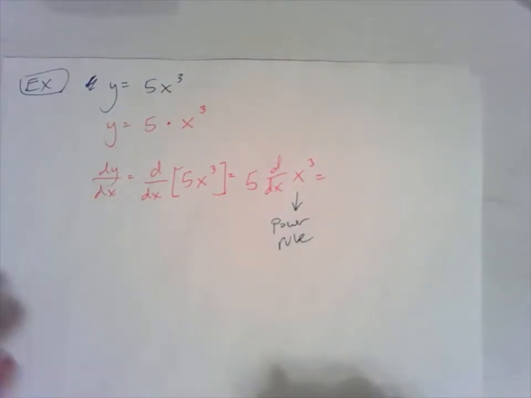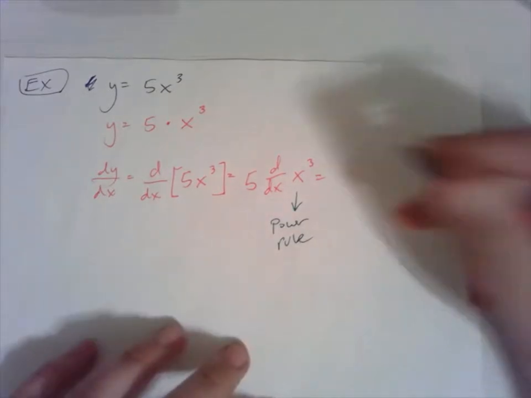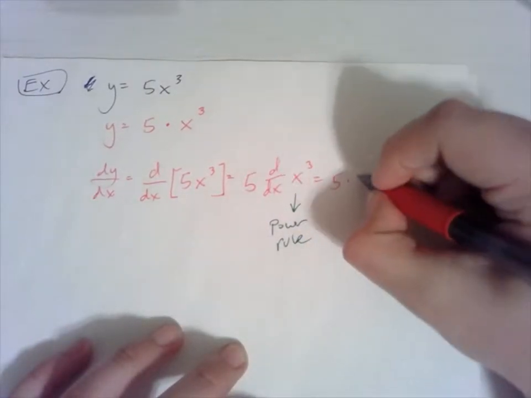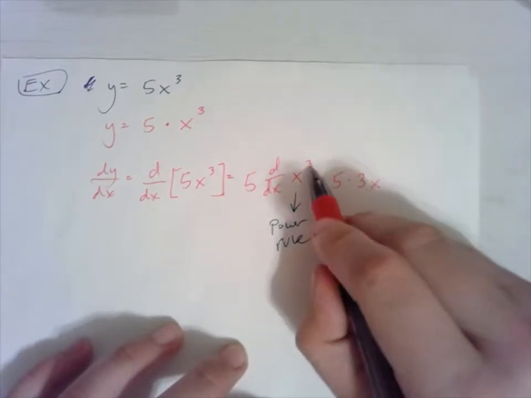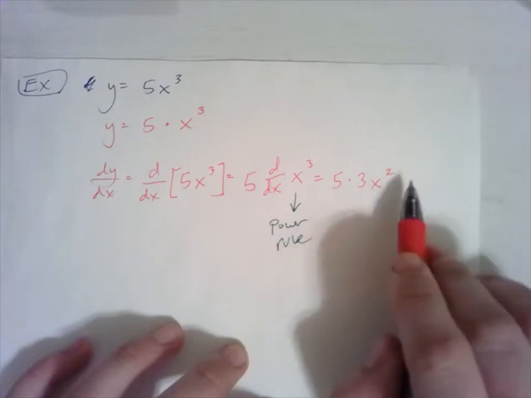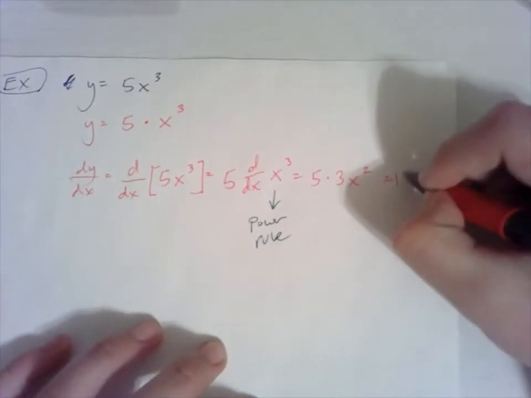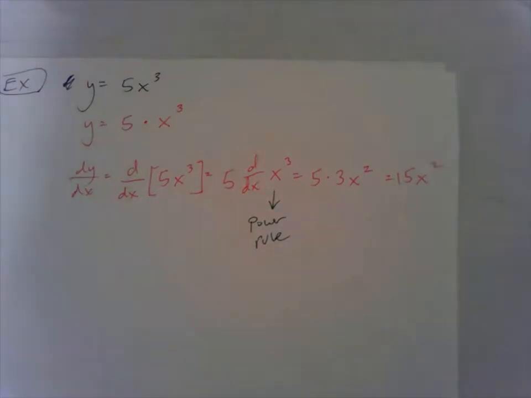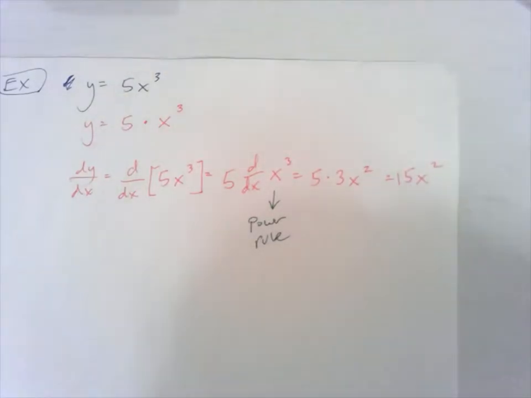And so what we end up having is 5 times n comes out front, 3, x, n minus 1 is 2. 5 times 3x squared, we get 15x squared as our derivative. Okay.